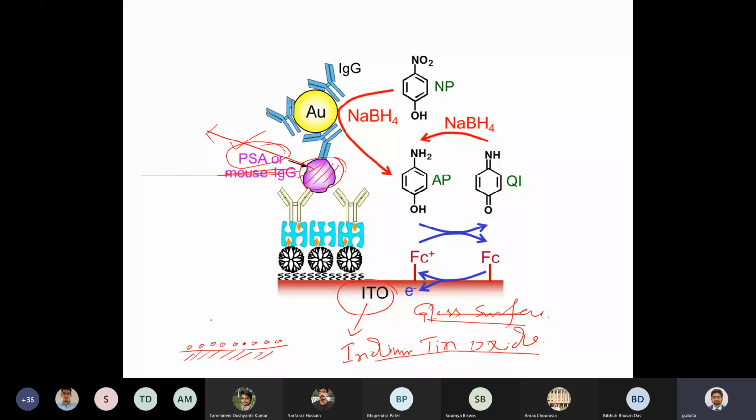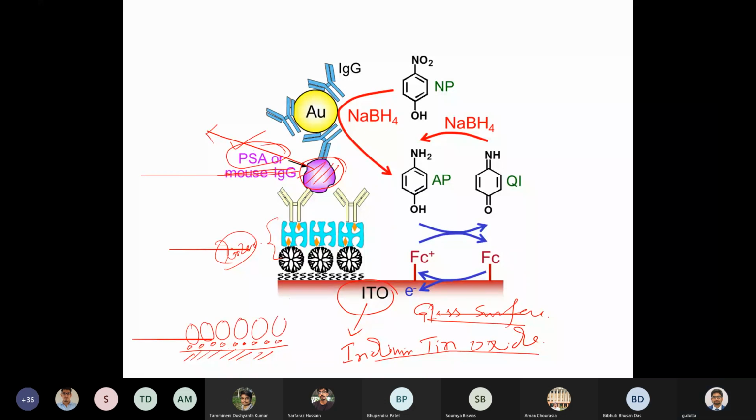So then what we are doing? Some linker. This is kind of some linker, some protein. I will teach you later what kind of linker we generally use, just for today's preliminary class. So I'm saying some linker we can drop on the nanoparticle surface.